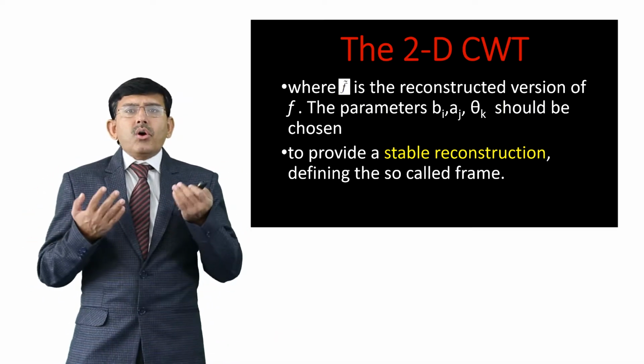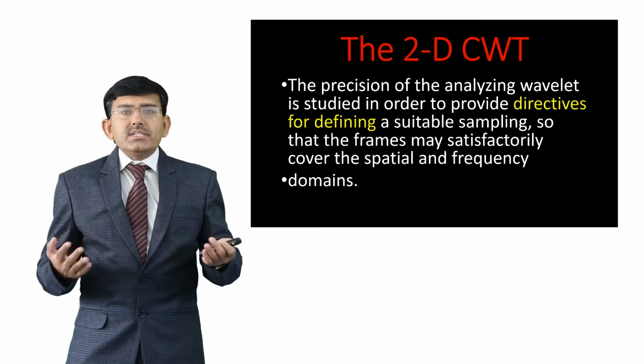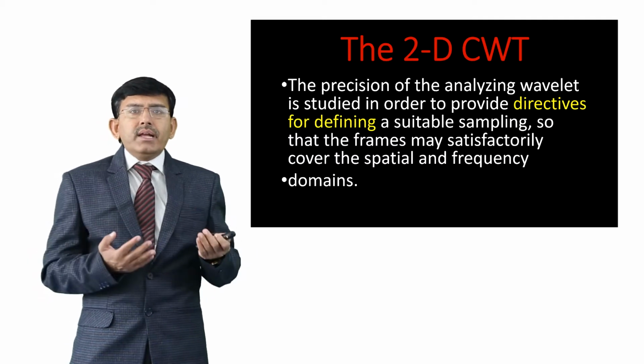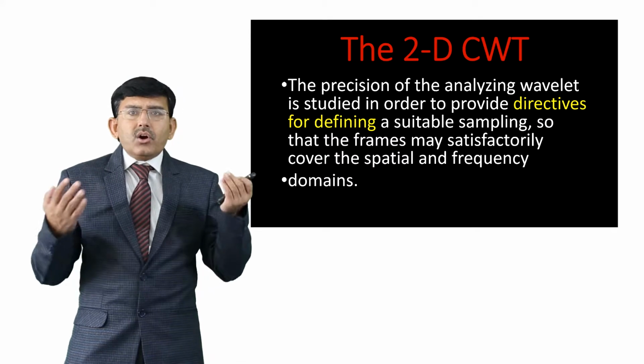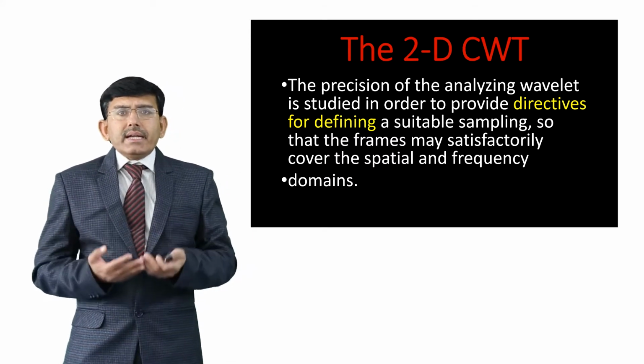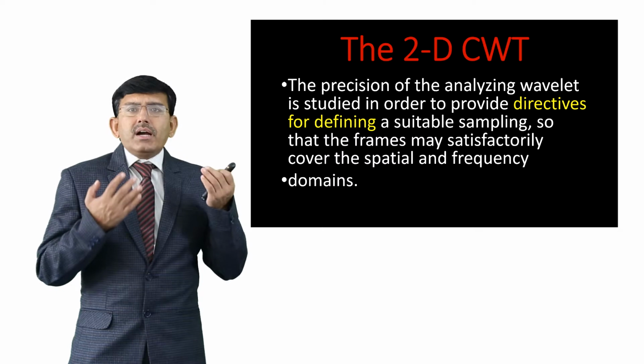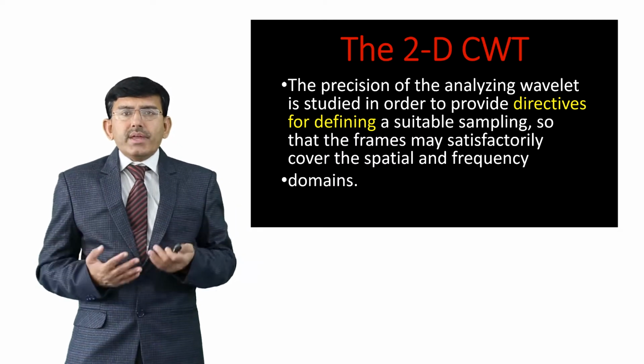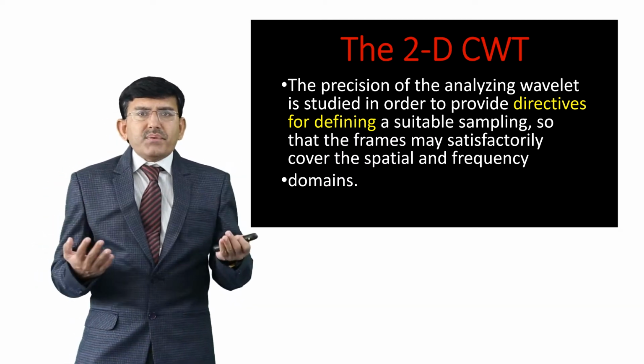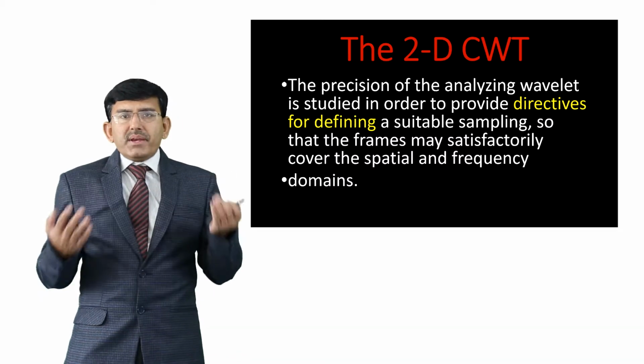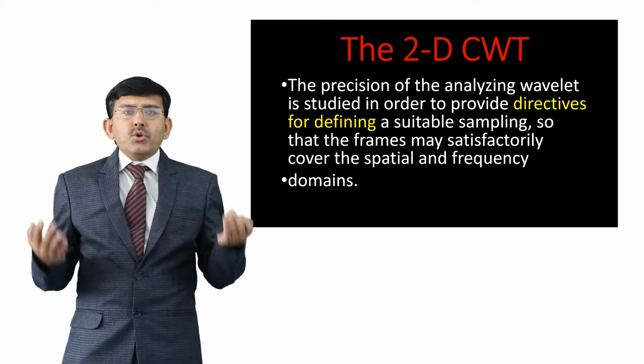Definition: the so-called frame. The precision of the analyzing wavelet is studied in order to provide directives for defining a suitable sampling so that the frames may satisfactorily cover the spatial and frequency domains.